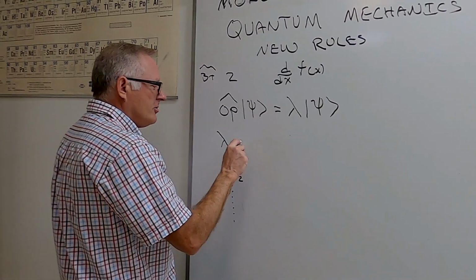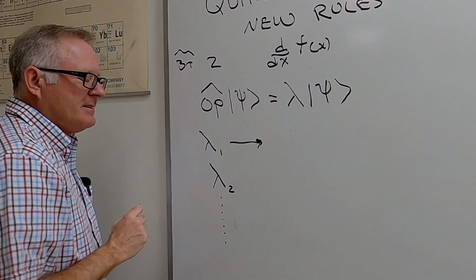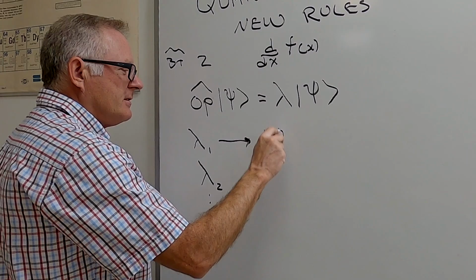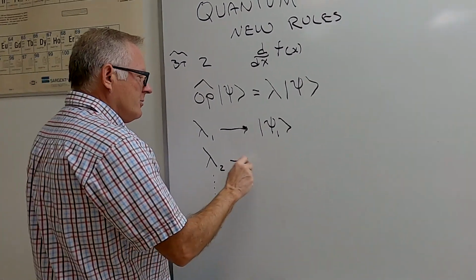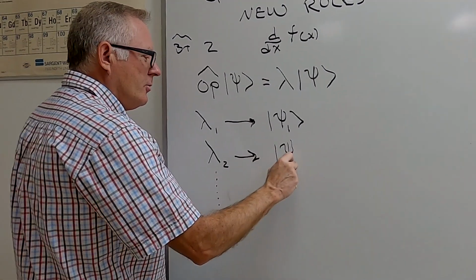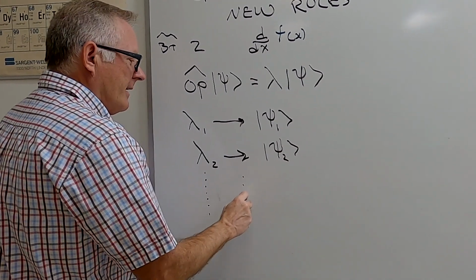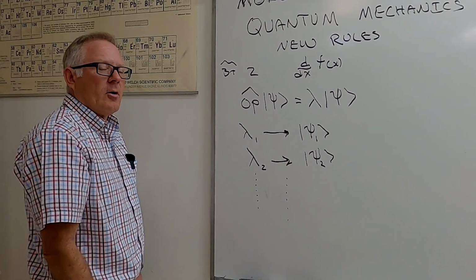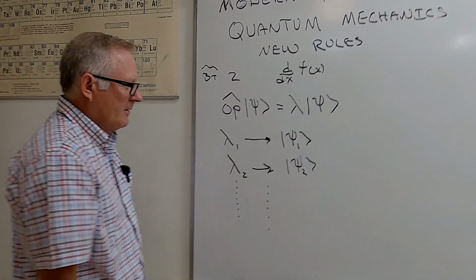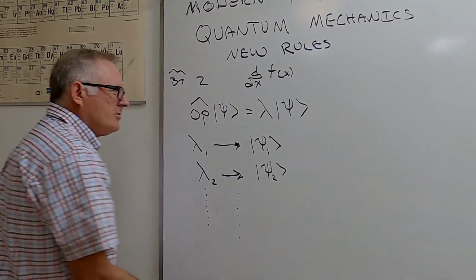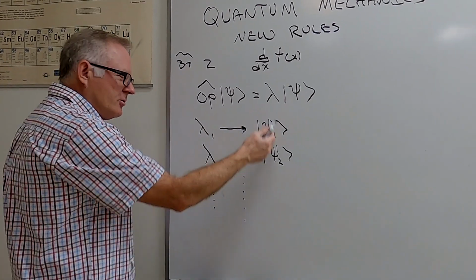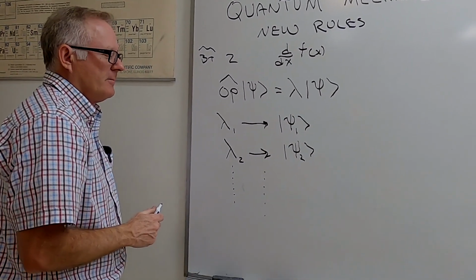And then associated with each one of these eigenvalues was an eigenfunction, psi 1, psi 2, and so on. These all form my orthonormal basis vectors. So the operator gives you the values you get plus your orthonormal basis vectors.